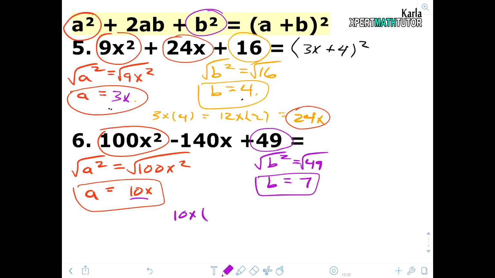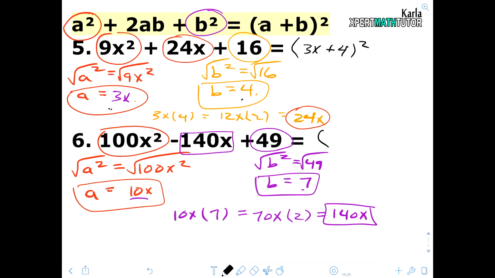Now let's multiply a and b. We have 10x times b, which is 7. So it is 70x. Now if I double that, which is the same as multiplying by 2, 70x times 2 is then 140x. 140x is equal to my middle term.